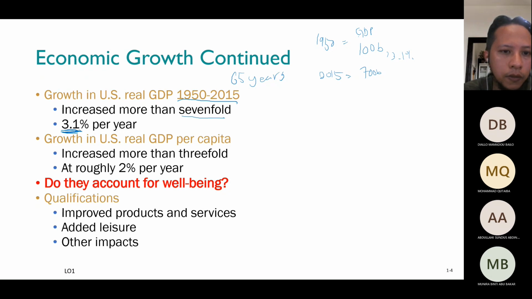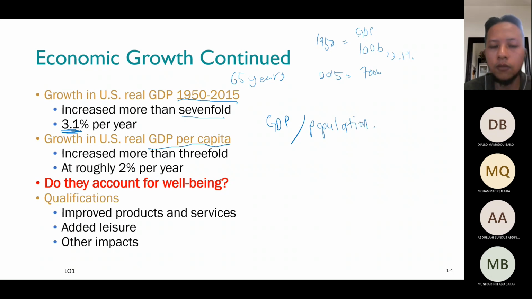And then however, there is another figure that we also look at, which is GDP per capita. Okay, so GDP per capita is basically GDP over the population. Okay, so you can think about it maybe in terms of a pie or a cake, right?